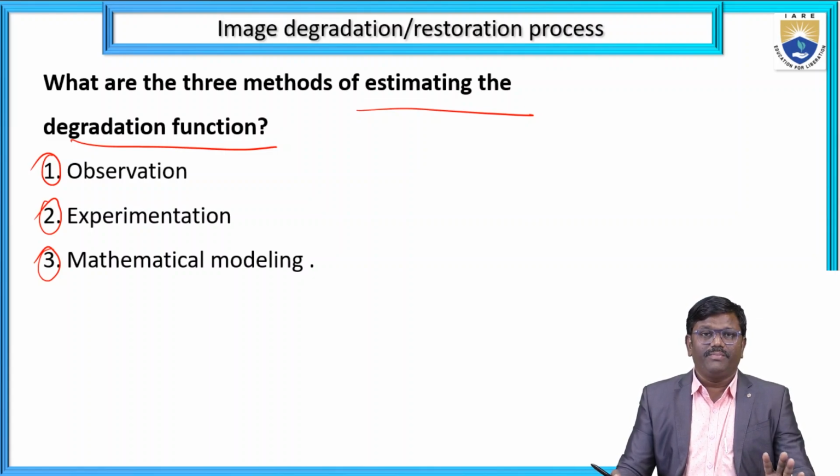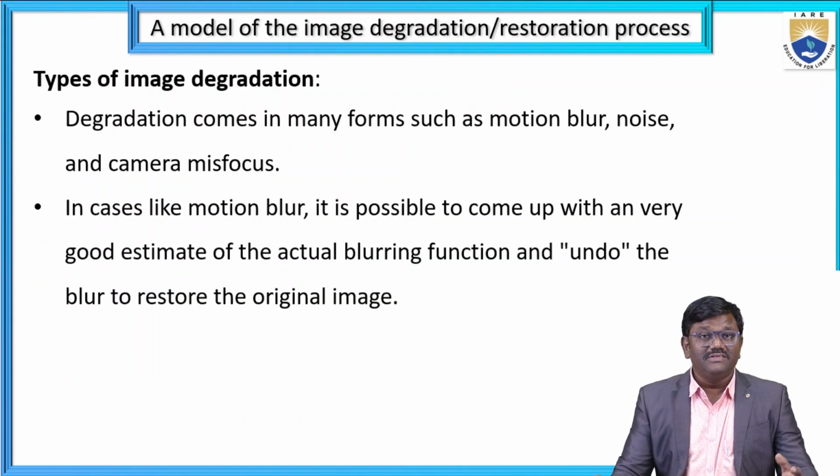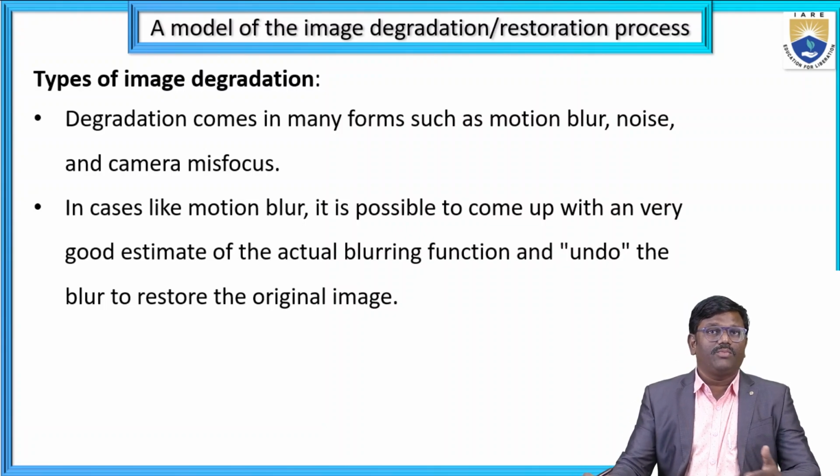Of course, it may be clear, but we are going to look in detail at these three types. First of all, before going into detail about those three methods, we can define the types of image degradation. What do we mean by types of image degradation?